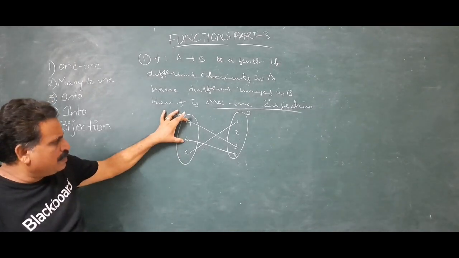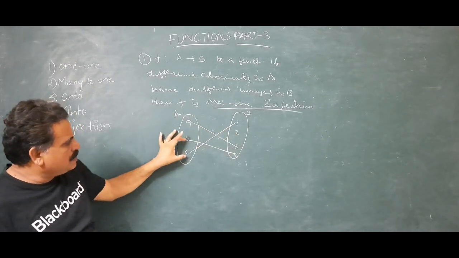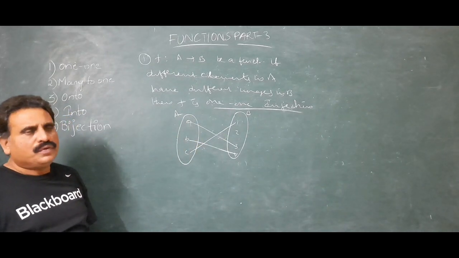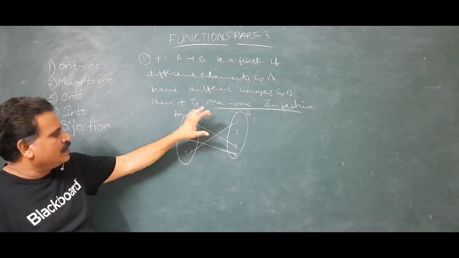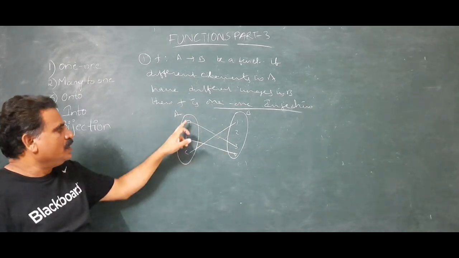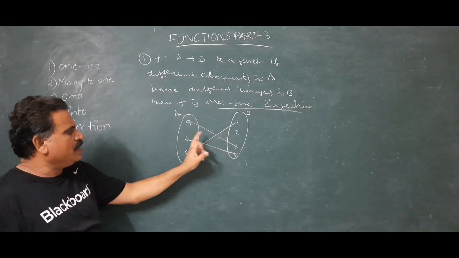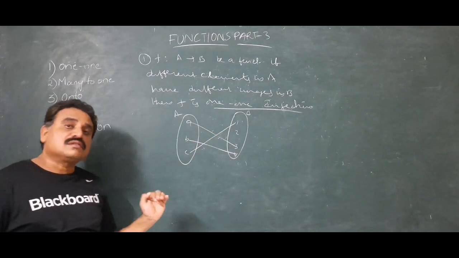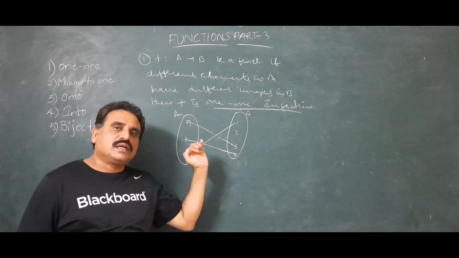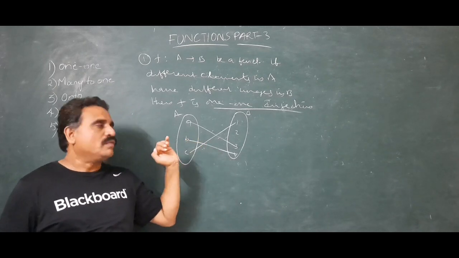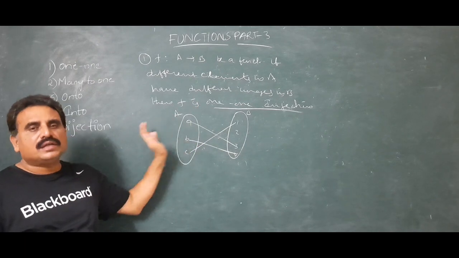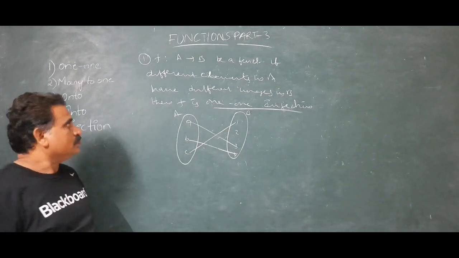Different elements a, b have different images. b, c have different images. c, a have different images. If two elements are different, their images are different. A's image is 3, B's image is 4, C's image is 1. So this is called a one-one function. But here 2 has no pre-image, even though it is a one-one function.